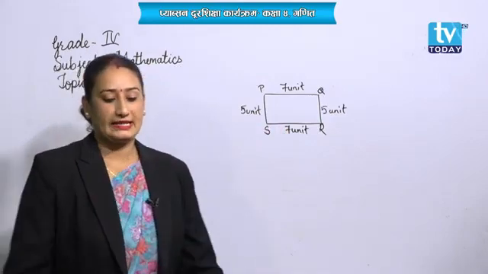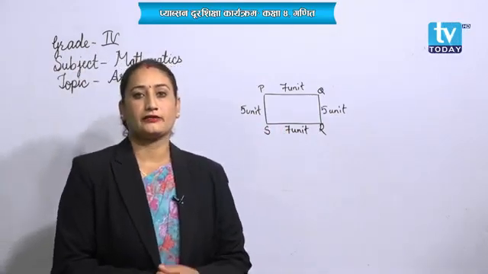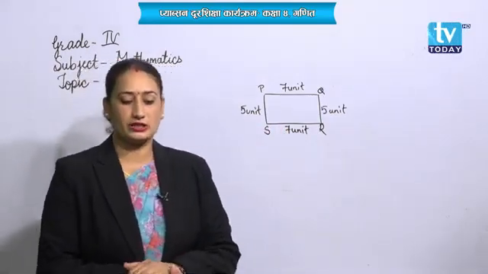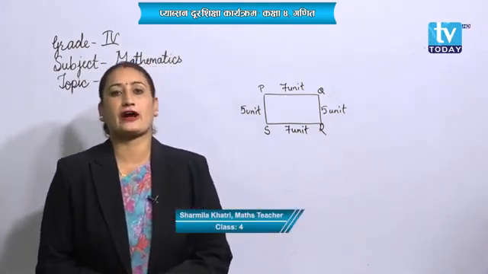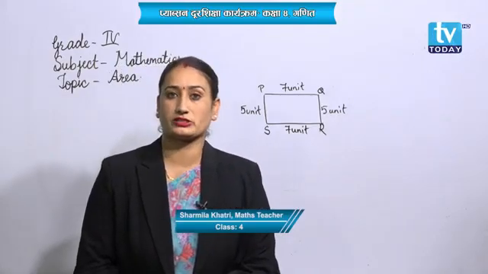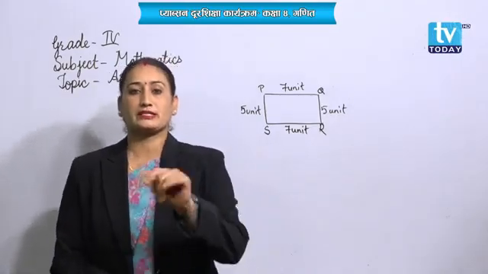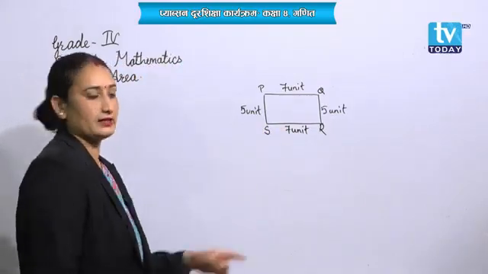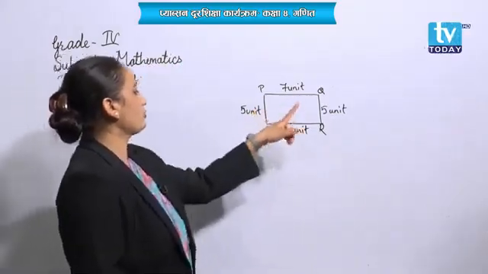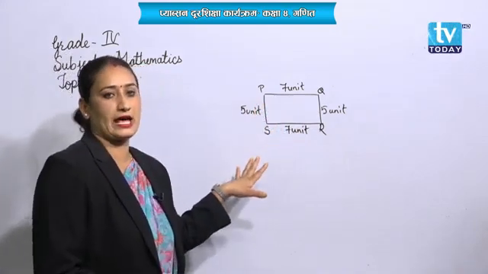Now, see on the board, students, for this question you need to write a solution. So we are going to find the solution of this question. Then how to write the solution? See here, this is the question taken from your slide. PQRS is given in a rectangle form, right?